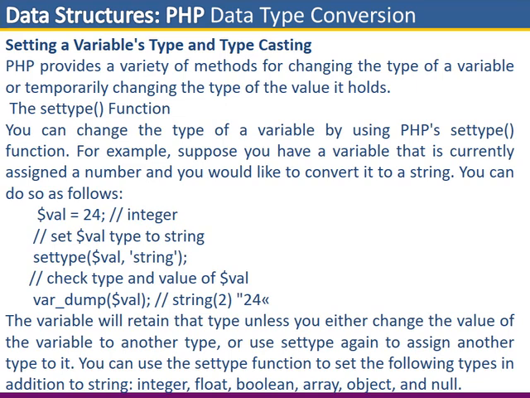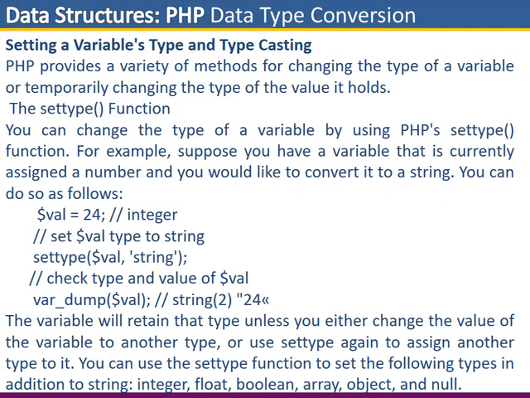So we have the var_dump function with $var inside the brackets. The output we have is string(2) "24". Our integer value that we assigned as a number has been converted to a string.